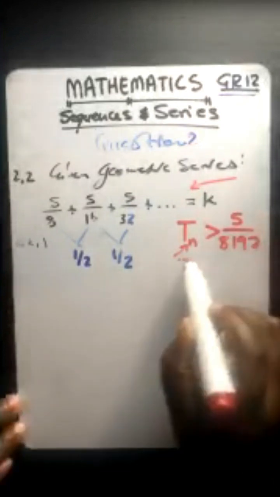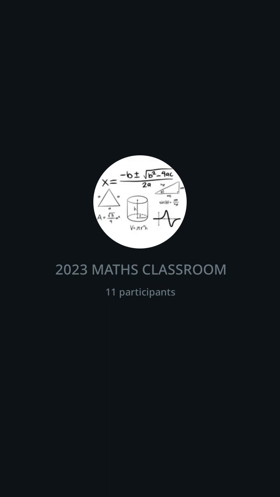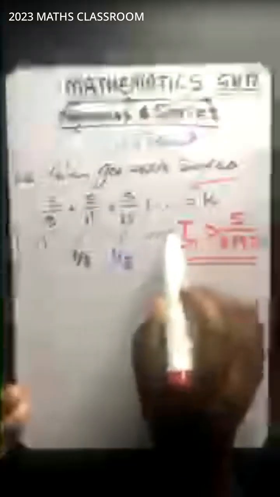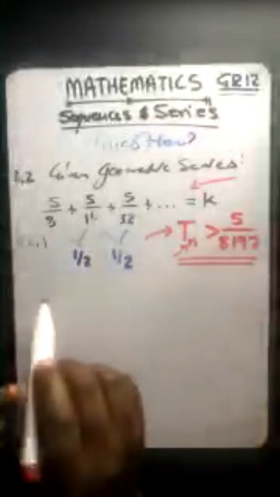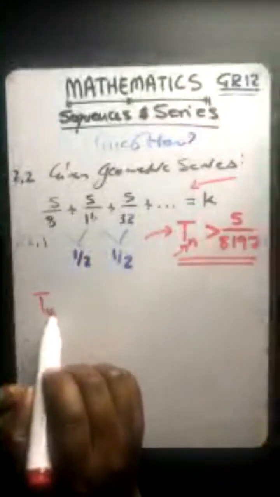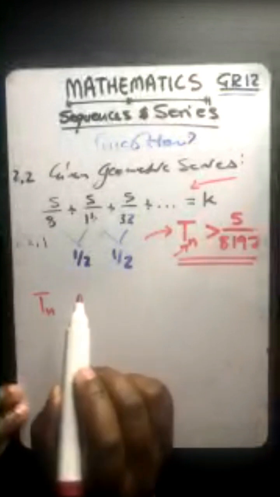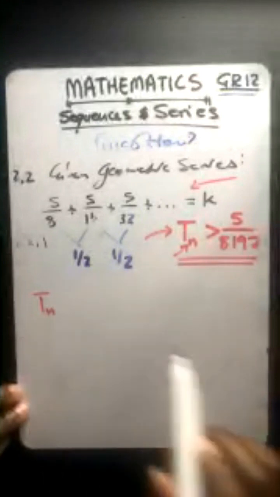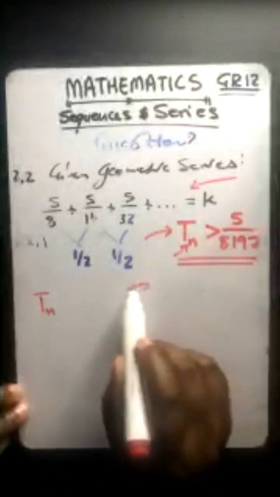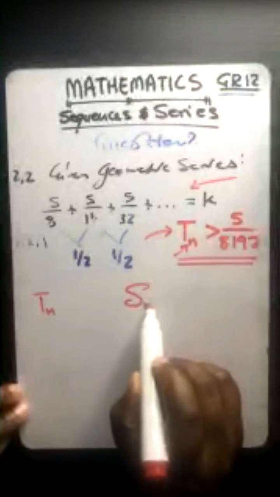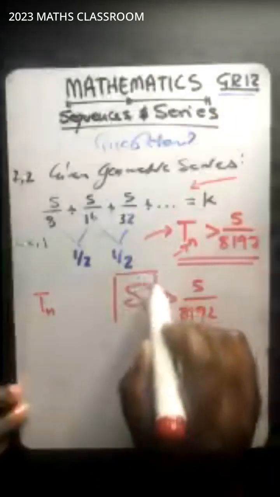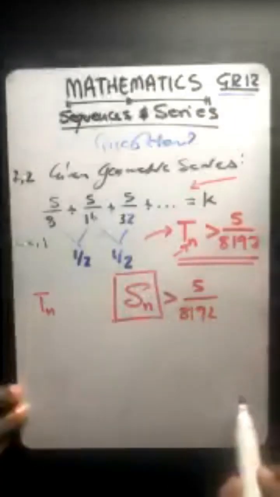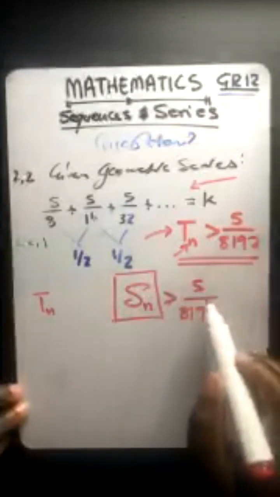So remember, Tn only works if you're dealing with a sequence and not a series. Otherwise, if it was a series, they were maybe going to say if Sn is greater than 5 over 8192, then you know you need to use the formula for calculating the sum and then say greater than that. But in this case, they say Tn.